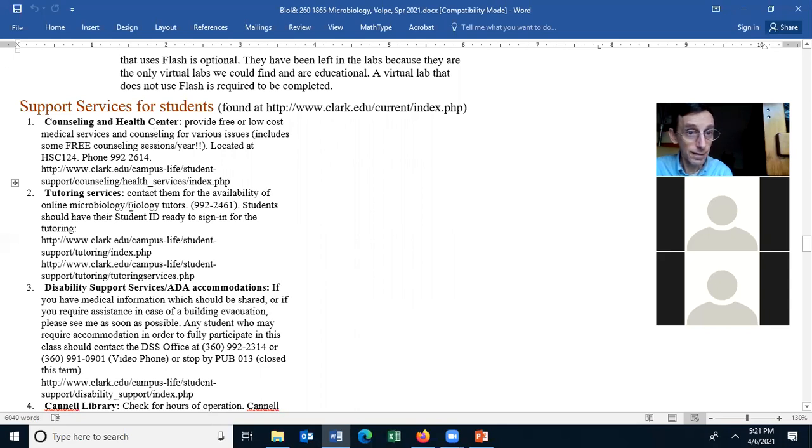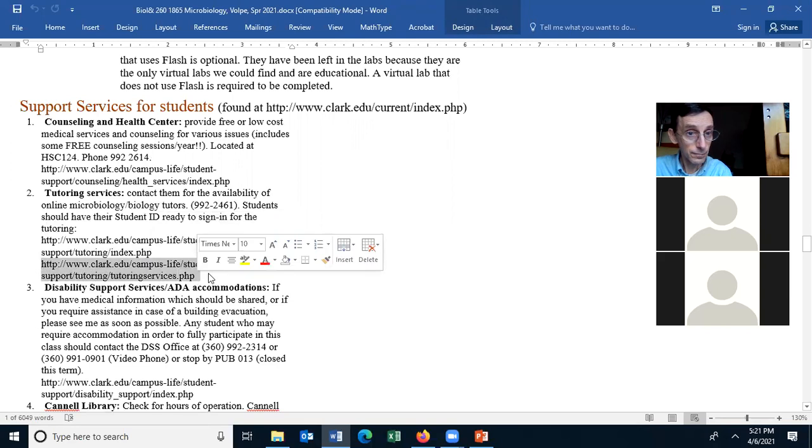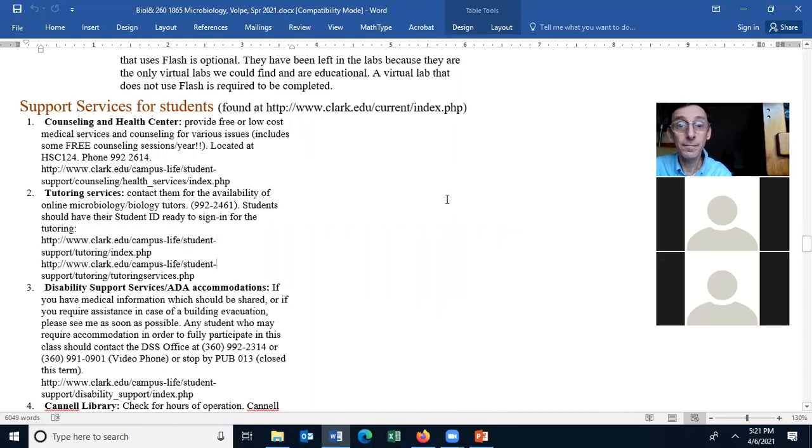Tutoring services. Contact the tutoring center. This link is the general link for tutoring, and this is for their tutoring services. Now that was supposed to be one that you could access, but it looks like that link isn't working directly from this page. You'll have to copy and paste it into your browser.